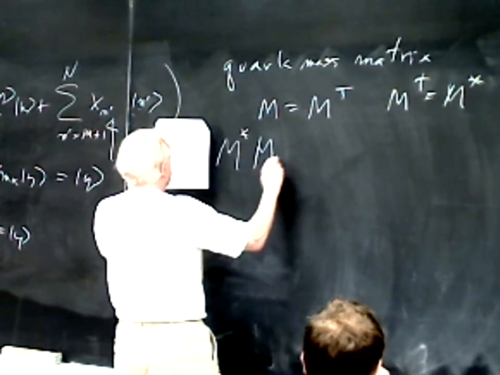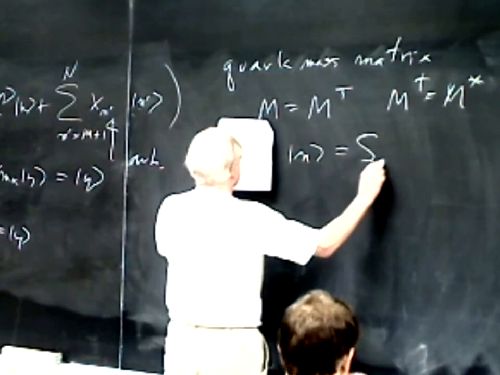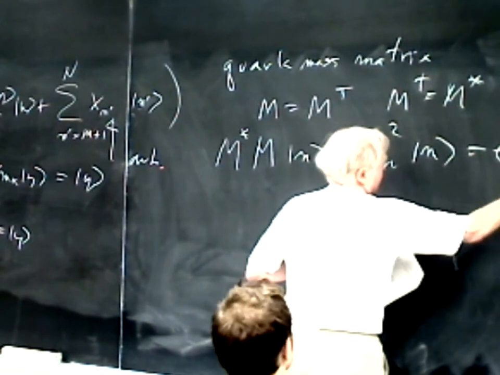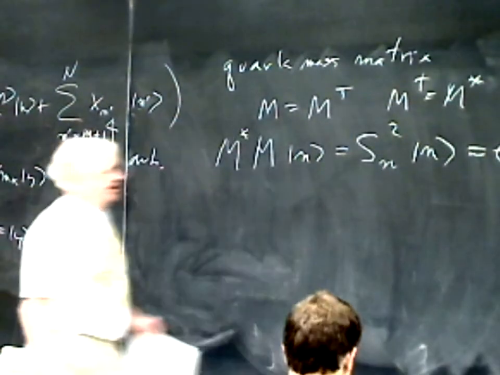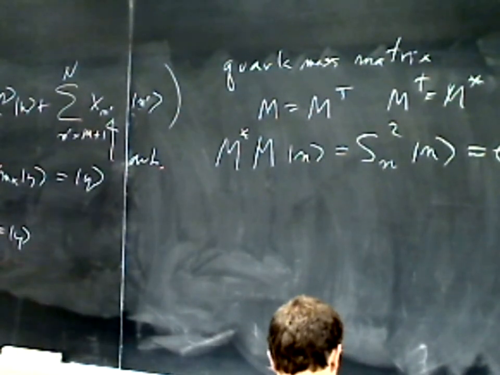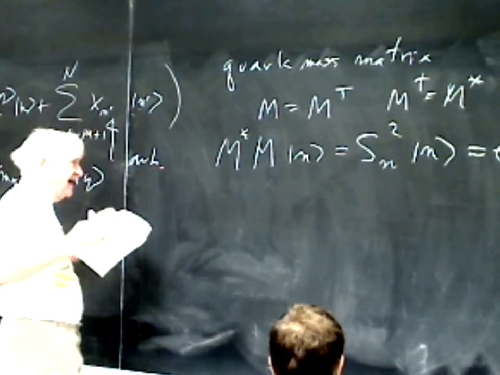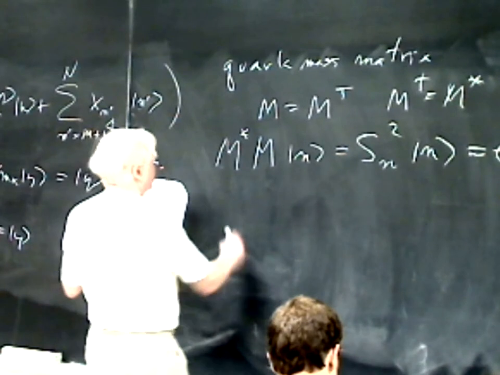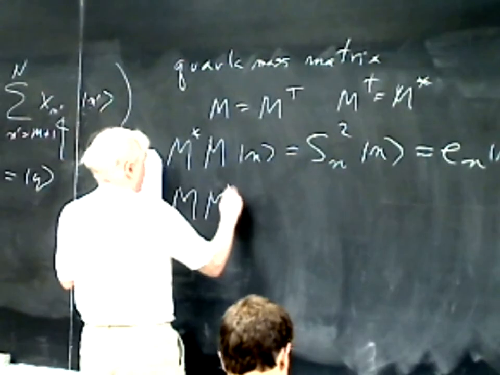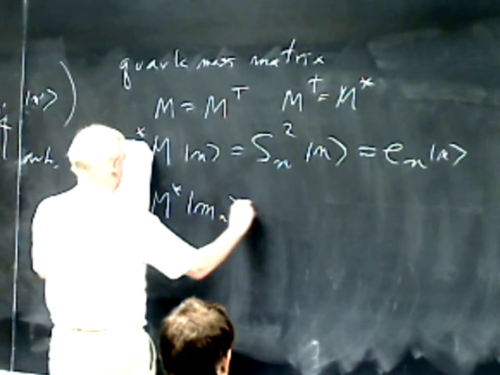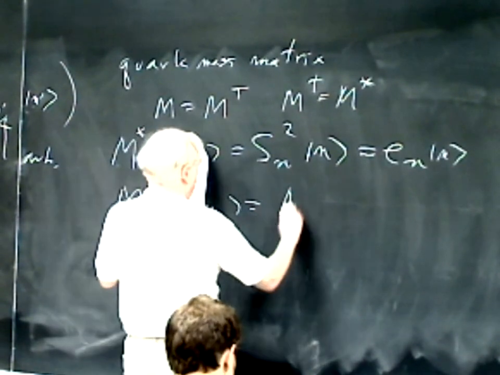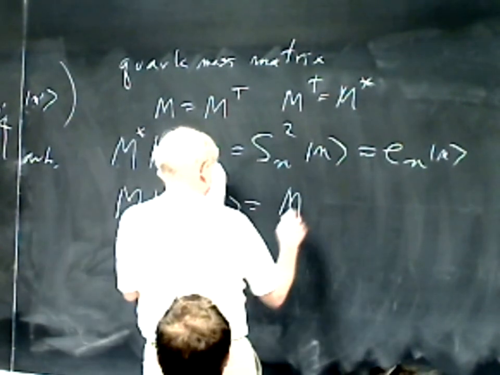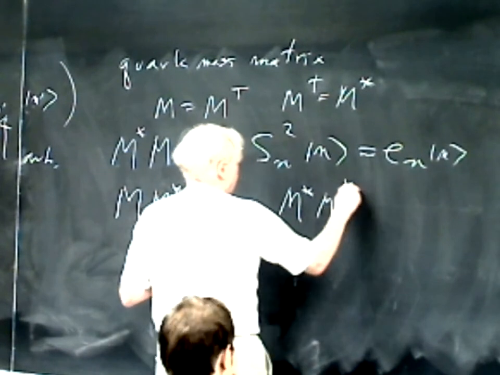And so the right singular vectors would be given by this equation. I was writing this last time in this form. The singular values squared are the eigenvalues of the matrix A dagger A, or in this case M star M. And the left singular vectors are eigenvectors m sub n of n star, which is the same thing with n star.